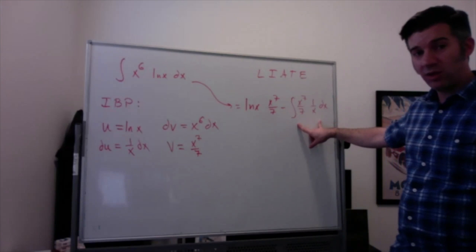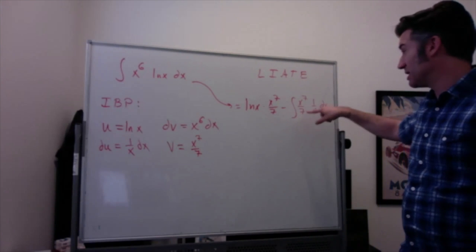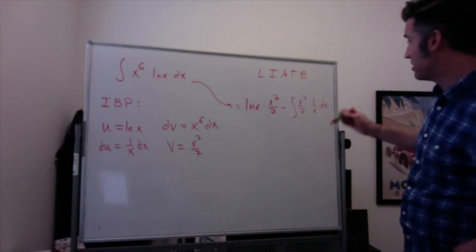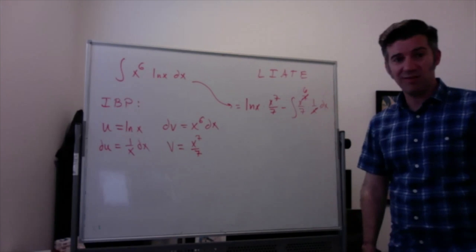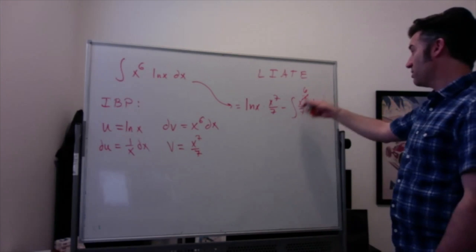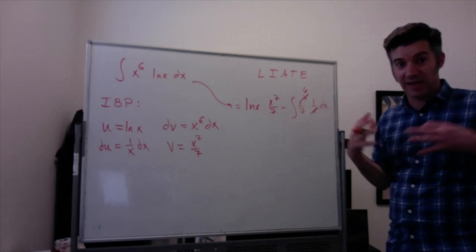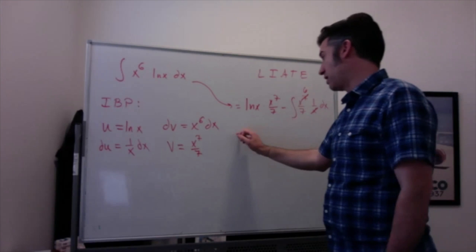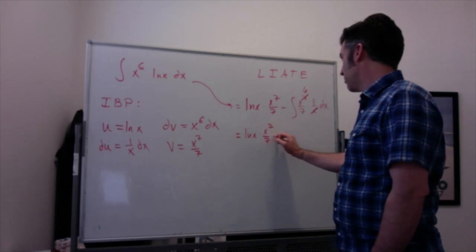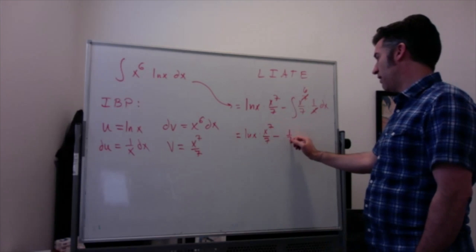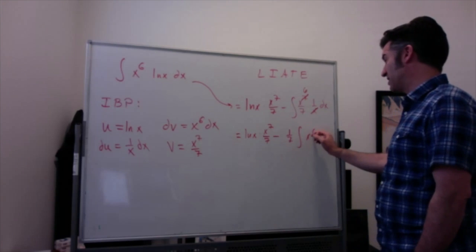And while it might not look like it at first, it is, because we can simplify this. An x to the 7th divided by an x cancels out one of those x's. So whenever you've got something like this, you need to combine it together, simplify it, so that you've really got natural log of x times x to the 7th over 7 minus 1/7 times the integral of x to the 6th.